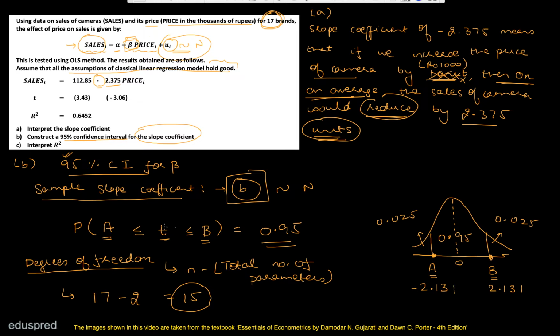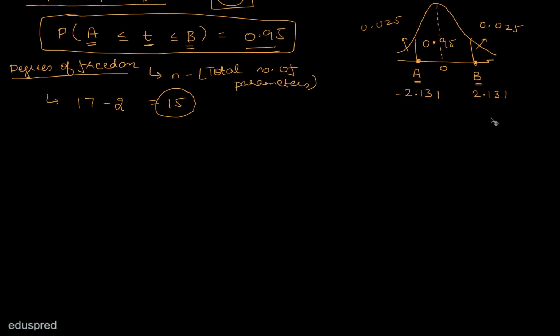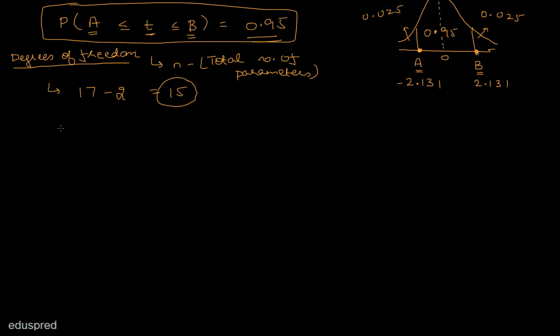So this is the value of A and B that we have. Now we are going to substitute the value of A and B in this expression and then proceed further. So now if I substitute the values over here, then I'll get probability minus 2.131 less than or equal to T less than or equal to 2.131 is equal to 0.95.